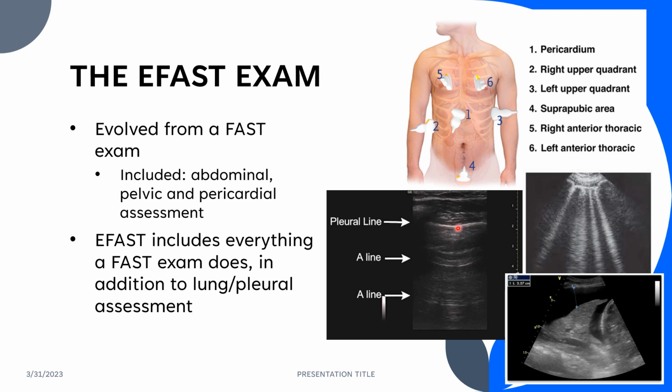And if we're missing that sliding, it could indicate that there is actually a pneumothorax. The pleura is collapsed, and while we still might have some air in here, we do not have that pleural lining expanded. So this is what you're expecting to see: pleura sliding as the patient breathes, or as the ventilator breathes for them, and then you're expecting these A lines.